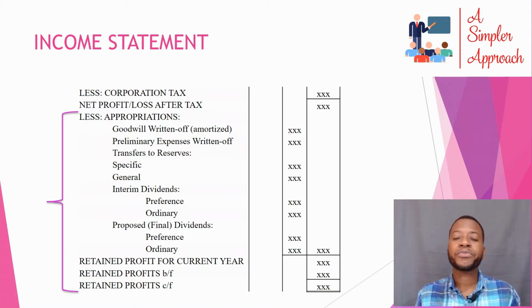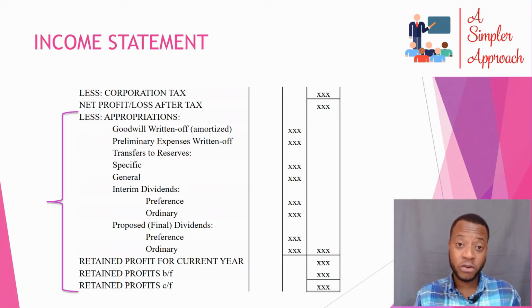Or 2, final in this context means that interim would have been paid during the year, or a part of it would have been paid during the year. And at this point, the final amount needs to be paid. Okay, so it's either proposed or final, and that's what goes in that little section that you see there.